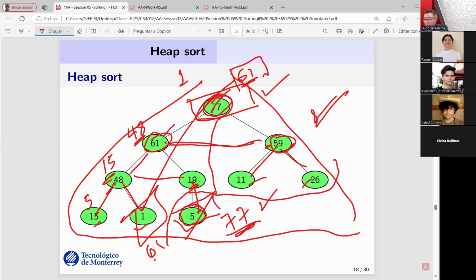After you construct the heap at the beginning, and then you do this cycle, because here you set 77 in the right position, and I have an n minus 1 heap. 61 is here, and I have an n minus 2 heap, and so on. Until what? Until I have all the elements in the proper position for each, right?